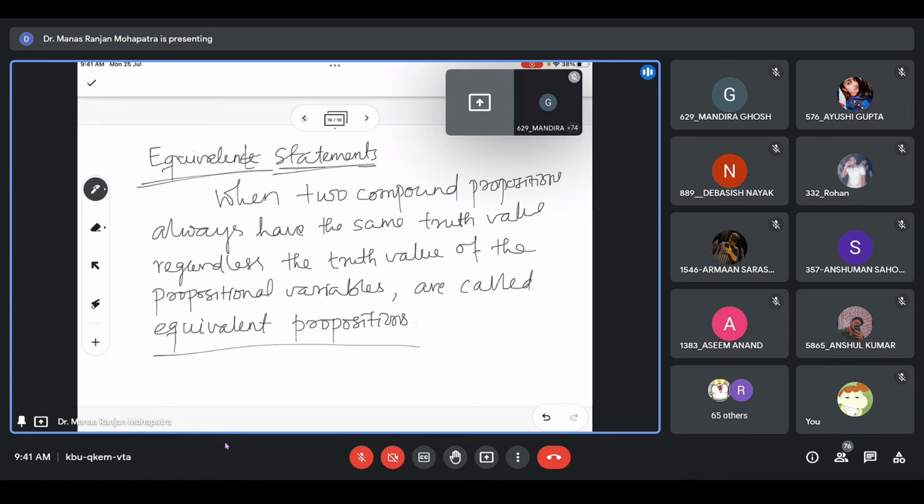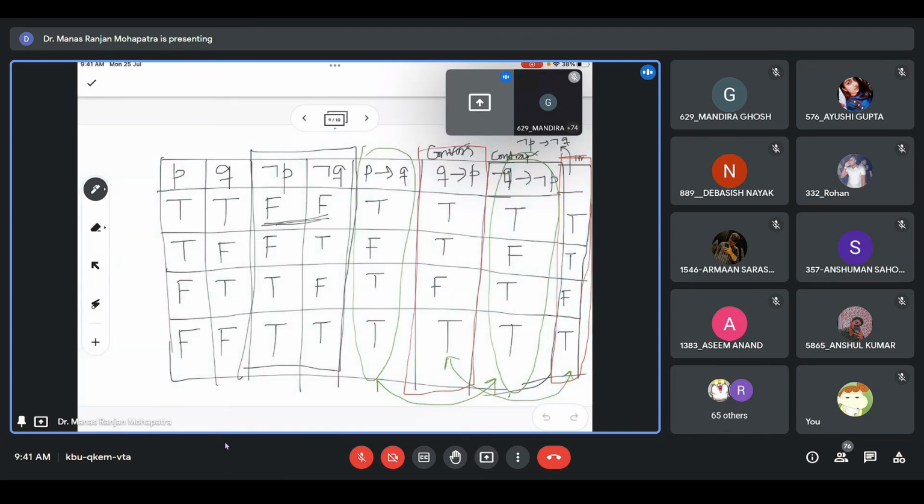Now, regardless of the truth values of the propositional variables, you can verify that the contrapositive column and the implication P implies Q are equivalent. When both P and Q are true, P implies Q is true, and negation Q implies negation P is also true.